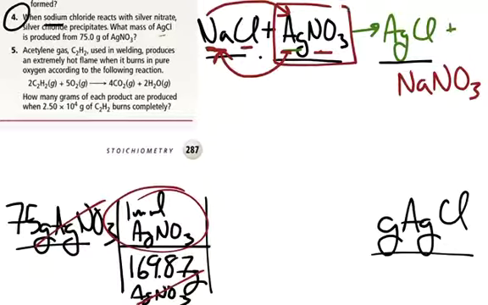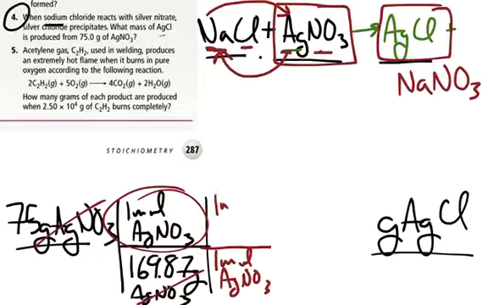I have to look at the ratio in the balanced equation. In this balanced equation, there's no numbers in front, so we assume it's 1, reacts to form one of these. That is my ratio. It goes in next. 1 mole silver nitrate is going to give me 1 mole of silver chloride. Good. Last step, I need to convert that out to a mass.